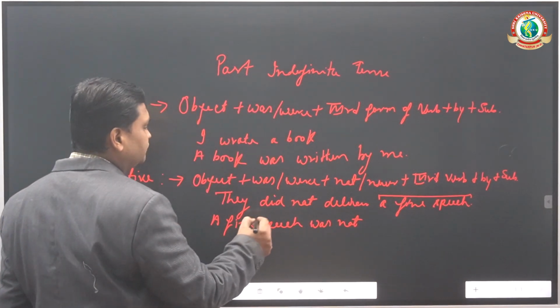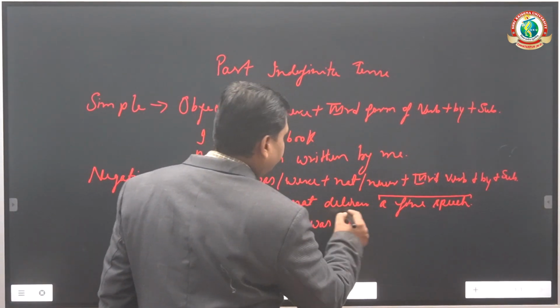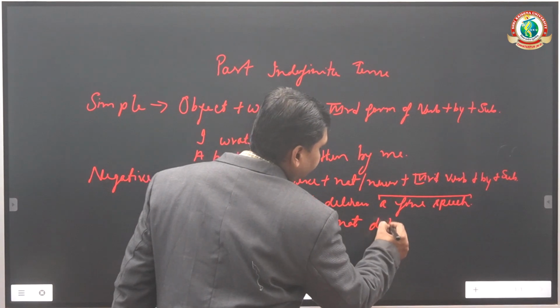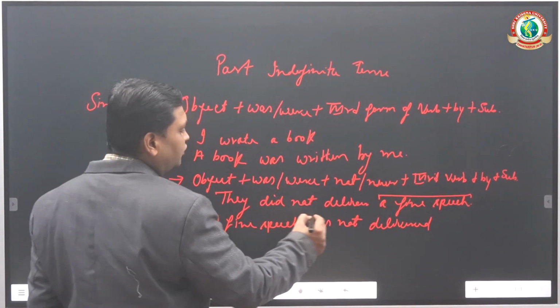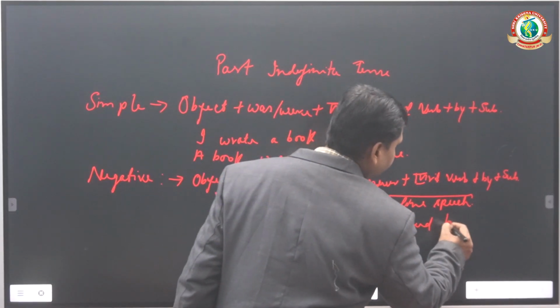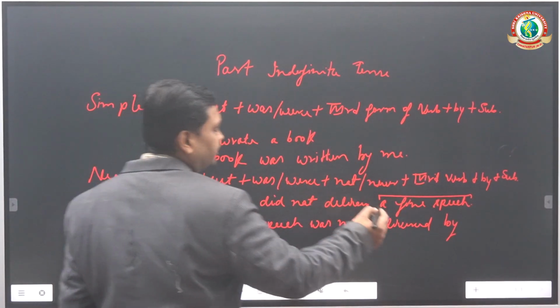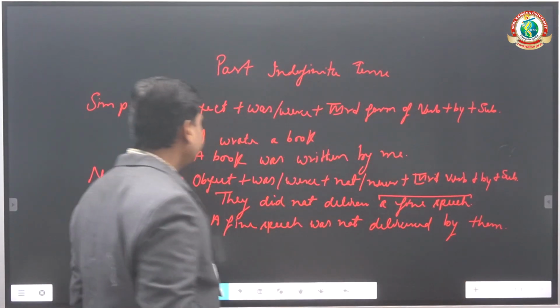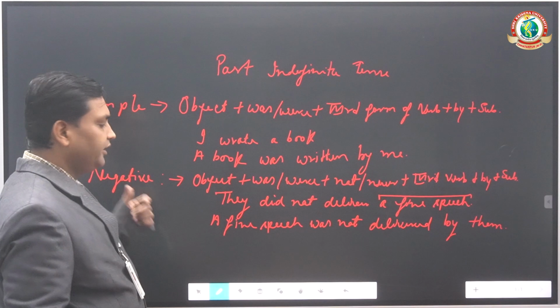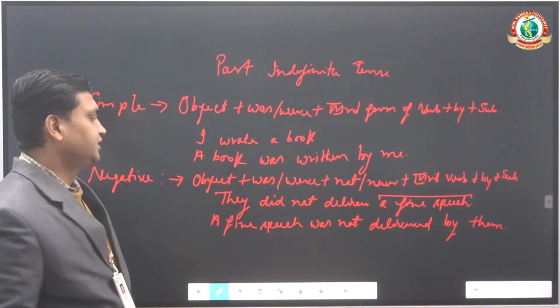A fine speech was not delivered. The third form of deliver is delivered. A fine speech was not delivered by. They would be changed to them. This is the simple and negative form of past indefinite tense.